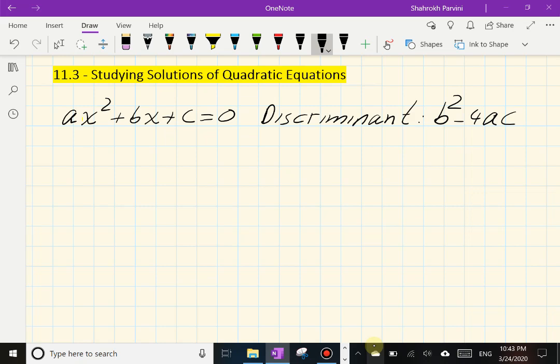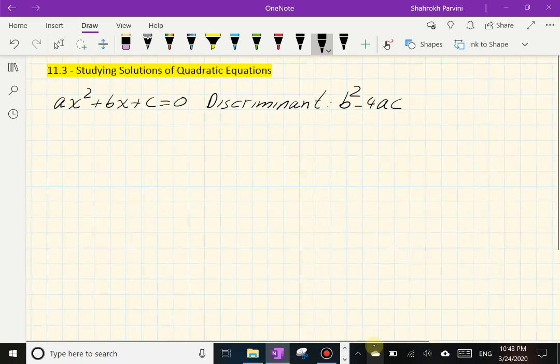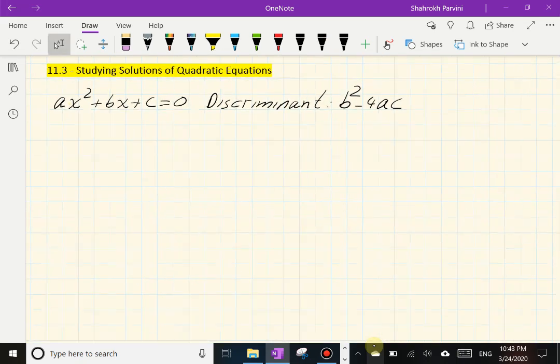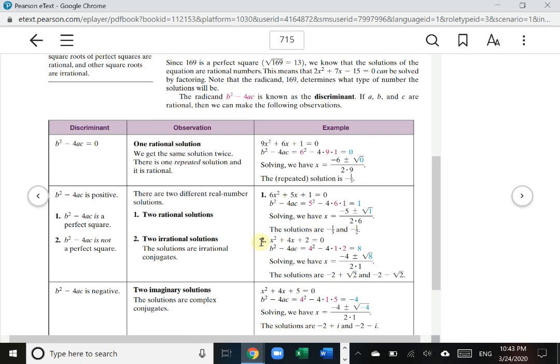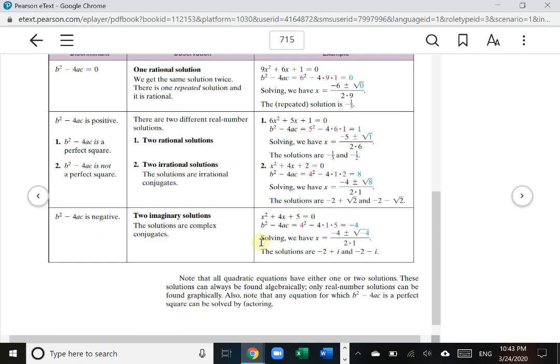Now, we're going to look at all the different scenarios that could happen, whether the discriminant is positive, negative, or 0. And what I'm about to write down for you is actually in the book. It's a page in the book. When I scroll down, there you go. This is the table that you see.